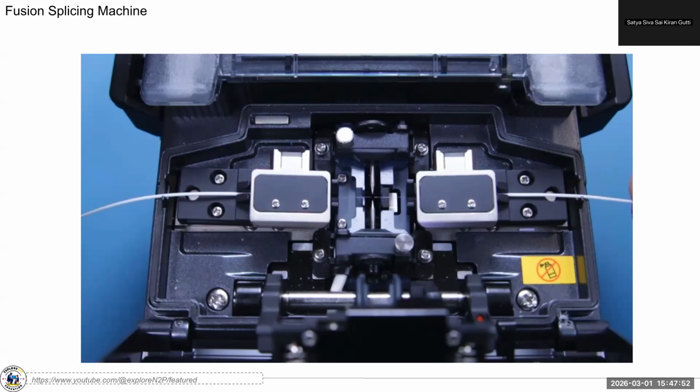Two fibers means one pair. For communication, we need one pair: one is for transmission, one is for reception. Like your chappals, a pair. One cable, one fiber strand, we can say.